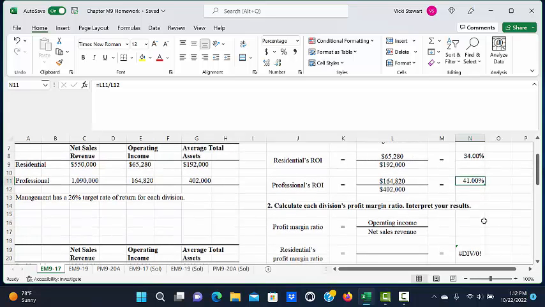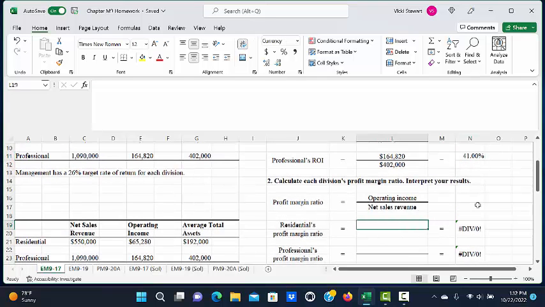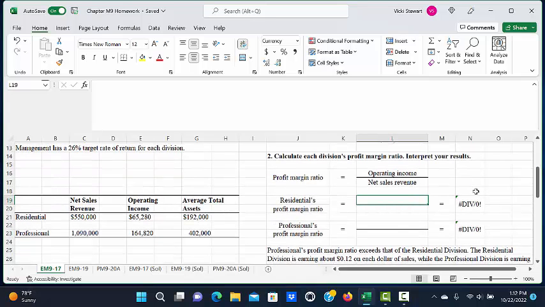In the second part, it asks us to calculate each division's profit margin ratio and interpret the results. The profit margin ratio is calculated by dividing the operating income by the net sales revenue. So residential's profit margin ratio would be their operating income in the numerator, $65,280, divided by the net sales revenue in the denominator of $550,000, and that gives residential a profit margin ratio of 11.87%.